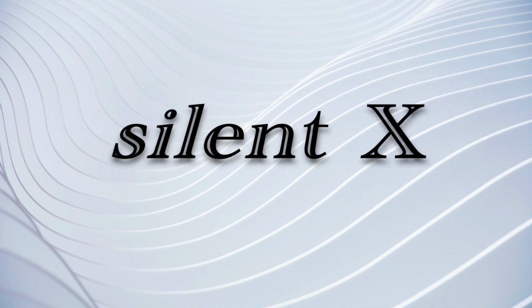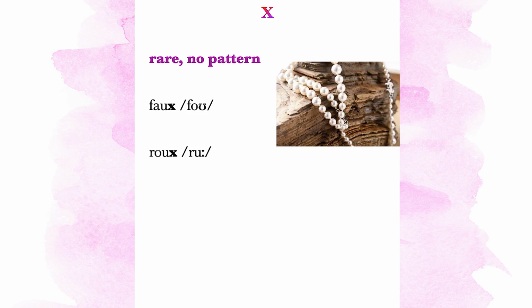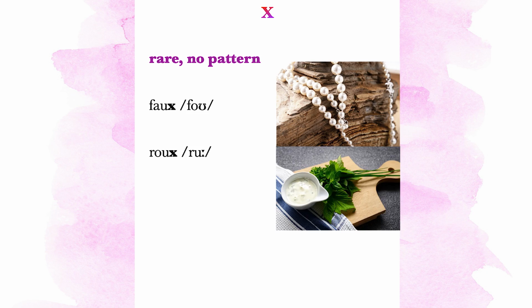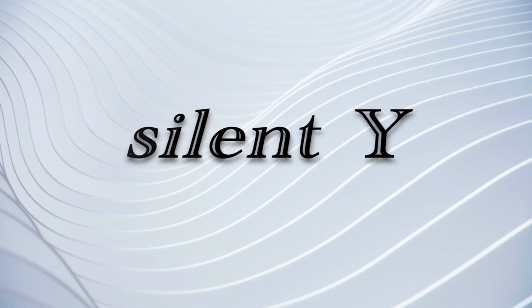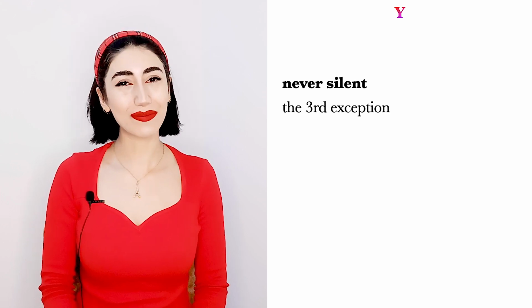Next silent letter is X. It barely happens to be silent. The 2 of the very rare examples would be faux and rue. X at the end in these 2 words is silent. And sorry you don't see me in this part, somehow the camera managed to stop shooting when I was talking about this letter. Anyway, let's move to the next letter. And then Y. It is, again, never silent. Hooray!